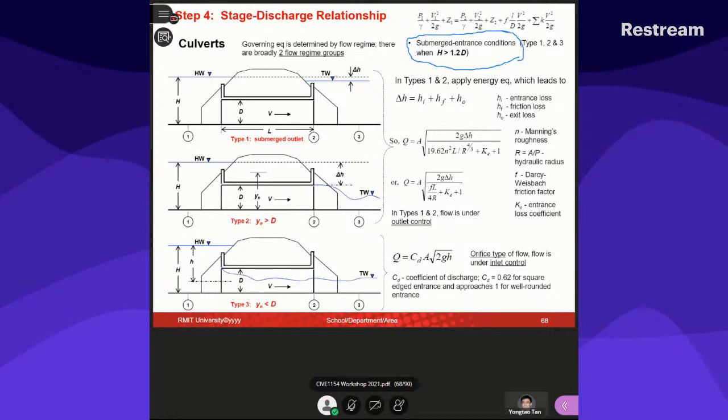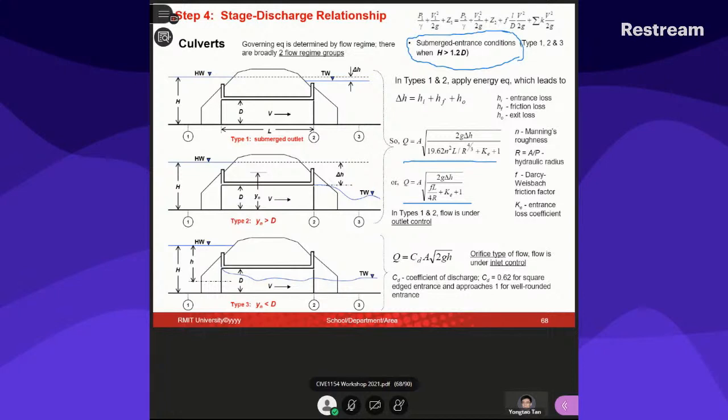We can use this one, and also this one, both give the same result. Next, if the culvert exit is not submerged, we may consider type 2 and type 3.